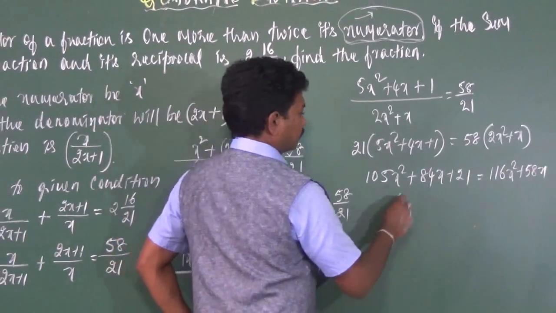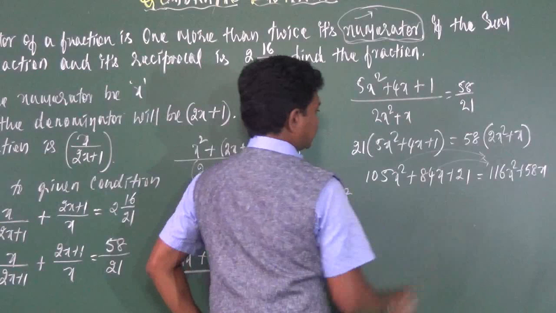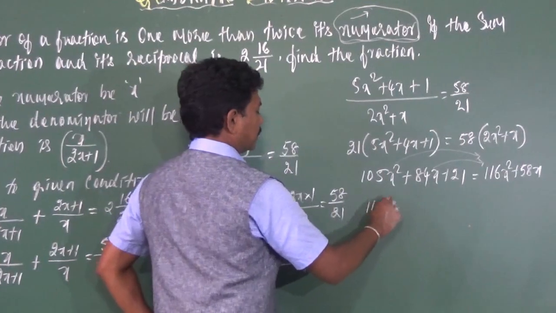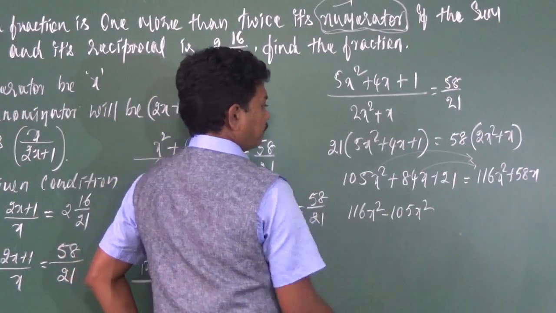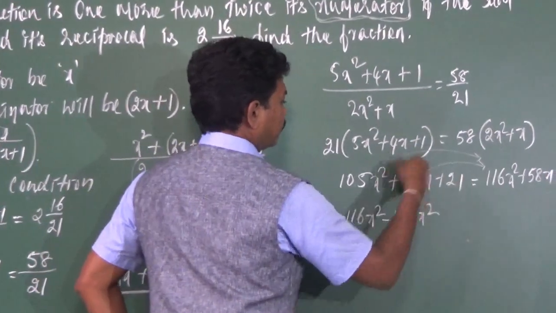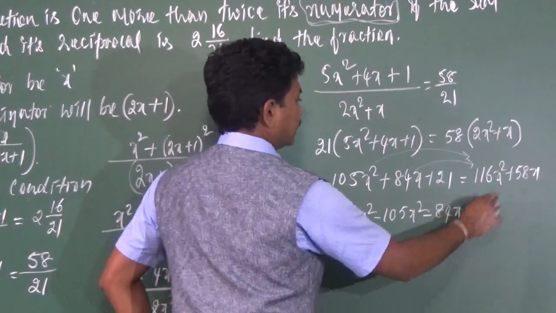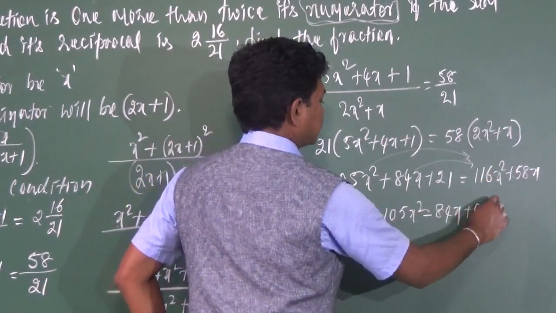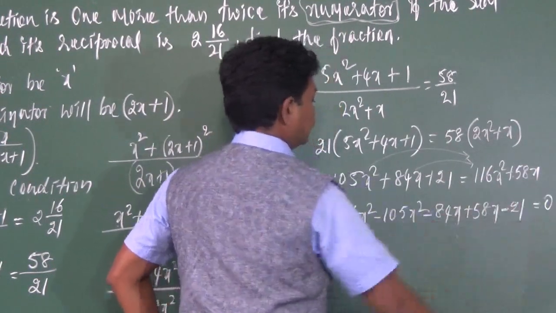Alright, so we will transpose these to the RHS. So 116x square minus 105x square, and plus 84x going on that side becomes minus 84x, plus 58x, plus 21 goes to the RHS, that is minus 21, is equal to 0.